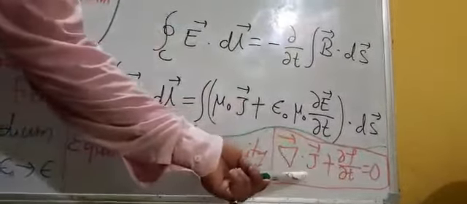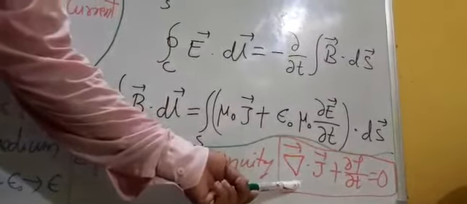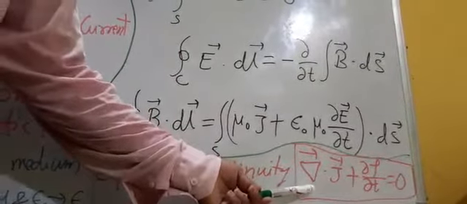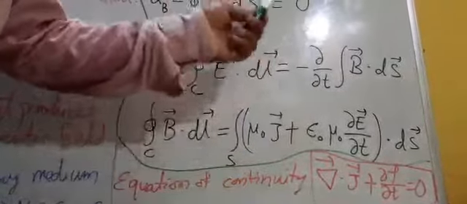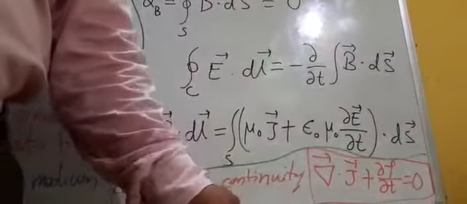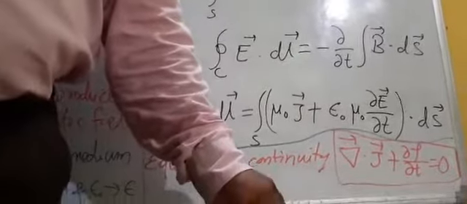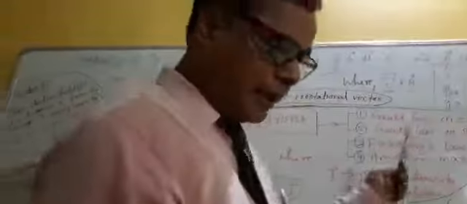So this gives the conservation of charge. We have already explained this in our theory class. All the integral and differential forms we discussed in February and March. It is not necessary to explain the details, only the mathematical part of Maxwell's equations.